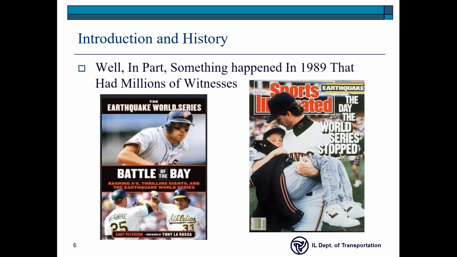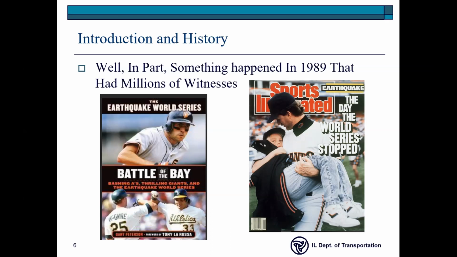At that time, cable TV wasn't very prevalent, and there were no cell phones or anything like that. So the number of people watching this game was probably many millions more than would be watching it today, because today there are a lot more options for people to watch TV.